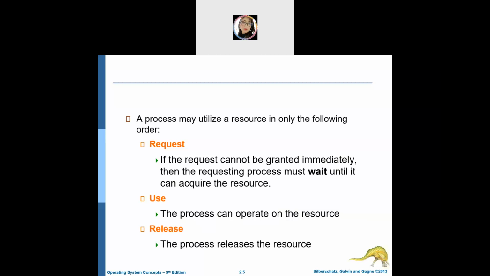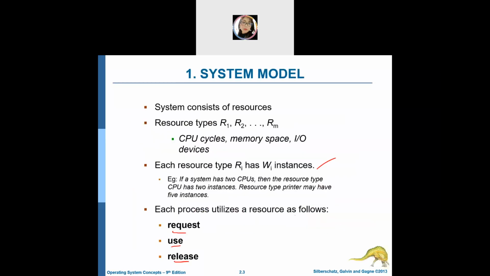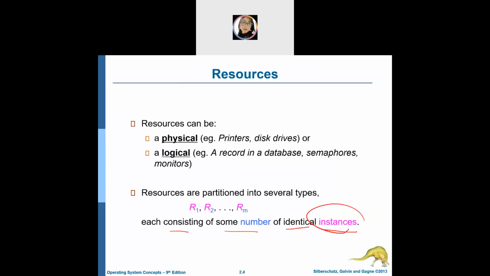Next, a process may utilize a resource only in the following order, which are the three things you just learned about resource utilization. This is the basic and general process.